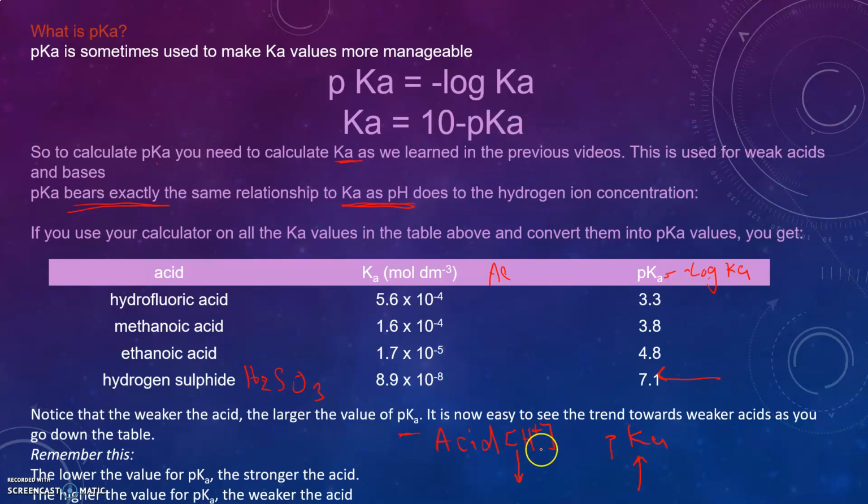So when the concentration of hydrogen decreases, the pKa increases. The lower the value of pKa, the stronger the acid. So the lower the Ka, the less acidic; the higher the Ka, the more acidic.